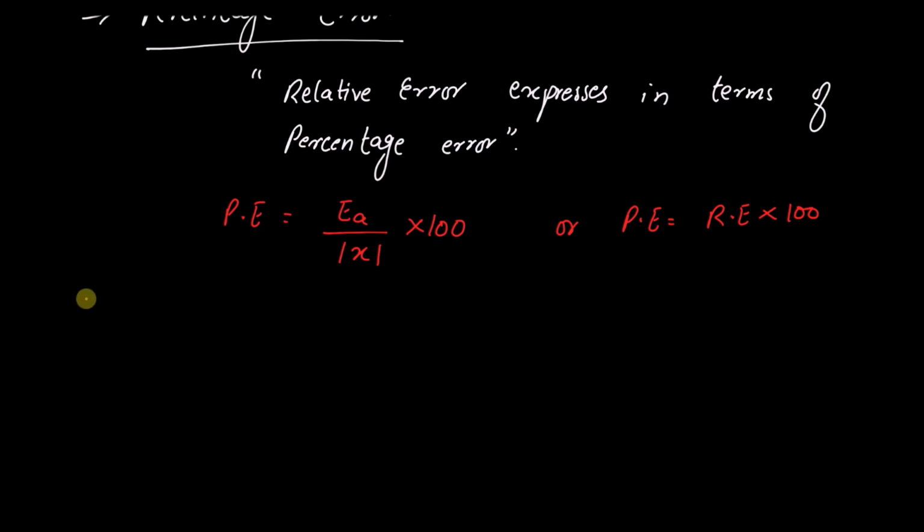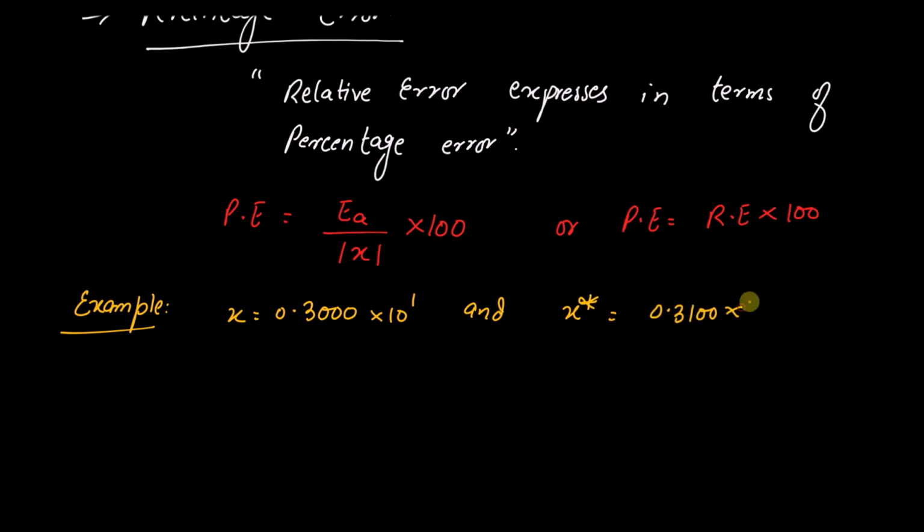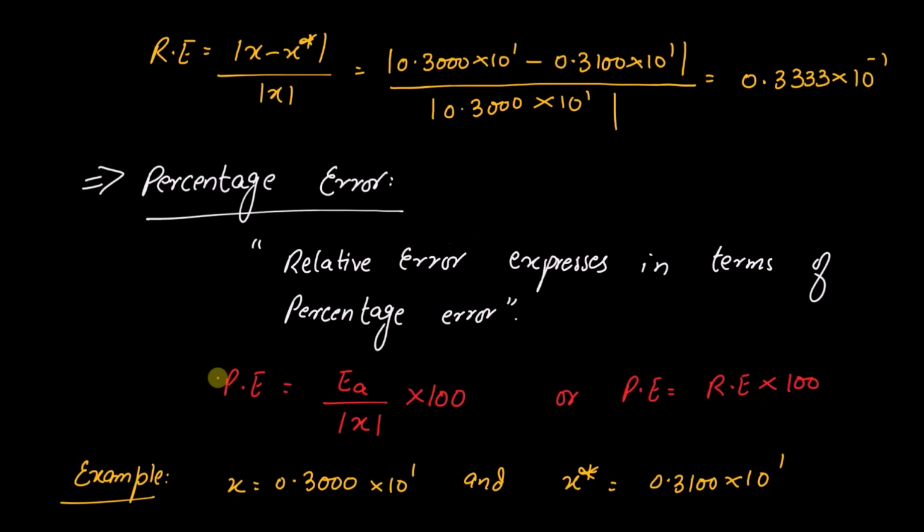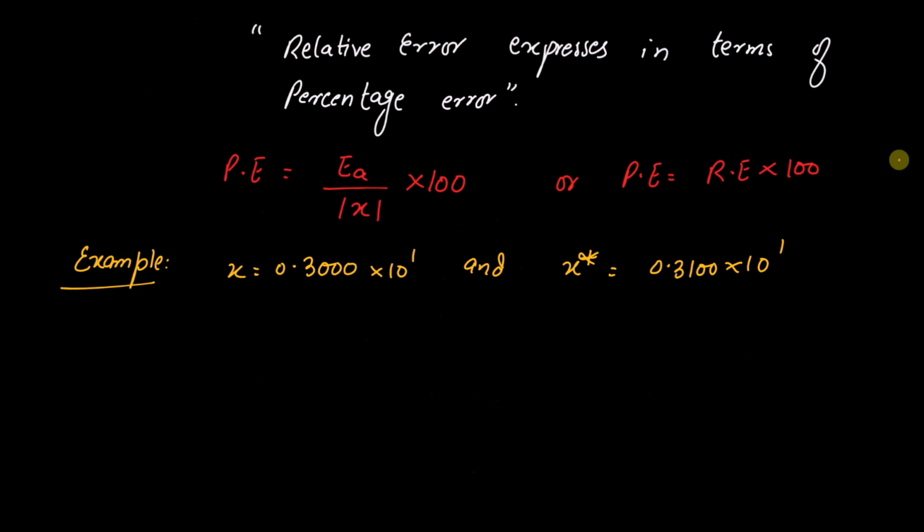We are choosing the same example as we discussed in the upper two types. We have x that is 0.3000 into 10 raised to the power 1, and the approximated value is 0.3100 into 10 raised to the power 1. For that case, either you have the solution of relative error, since the result is already known, so we will directly multiply it by 100, or the second way is you calculate it completely. We discussed both of these patterns.